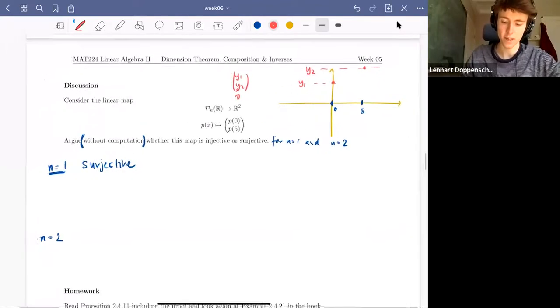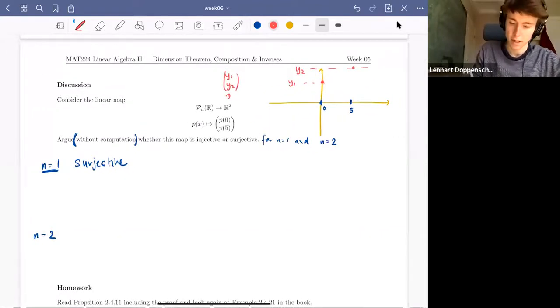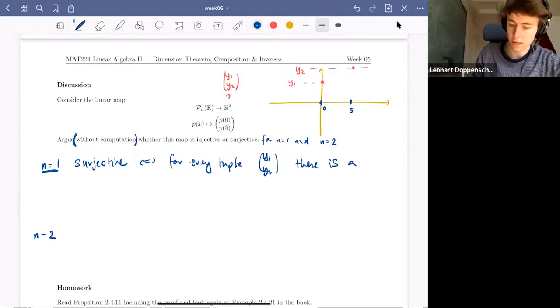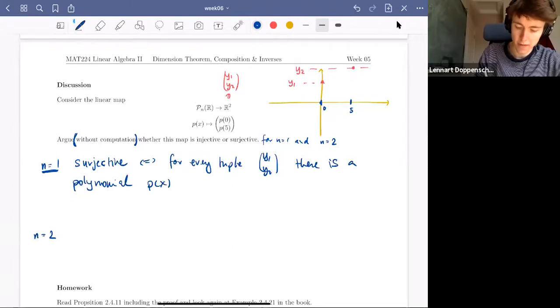And surjective means that for every pair, or for every 2-tuple, y1, y2, there is a polynomial p of x such that p of 0 is equal to y1.